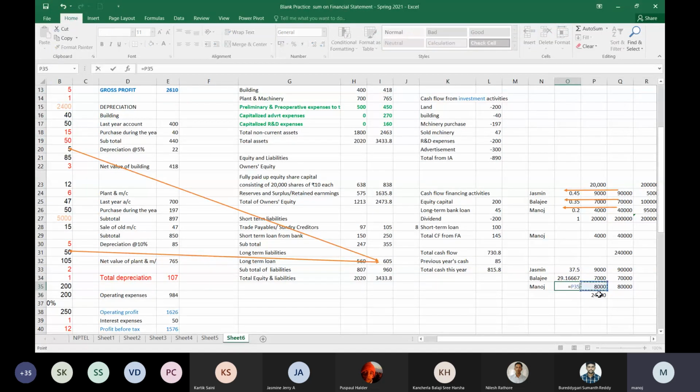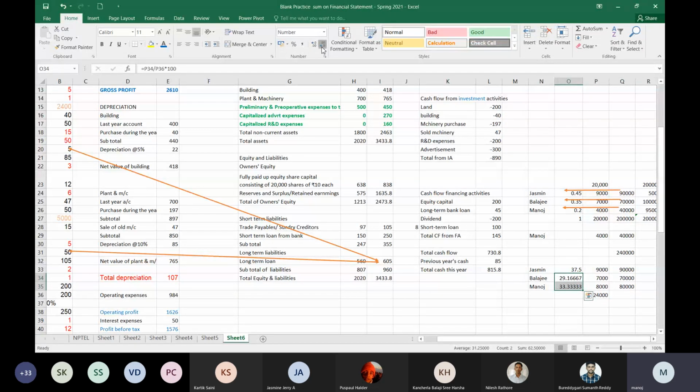I receive 8,000 divided by 24,000 into 100. I get 33%. Get this? Just reduce that. So that is how the percentage goes up, down.